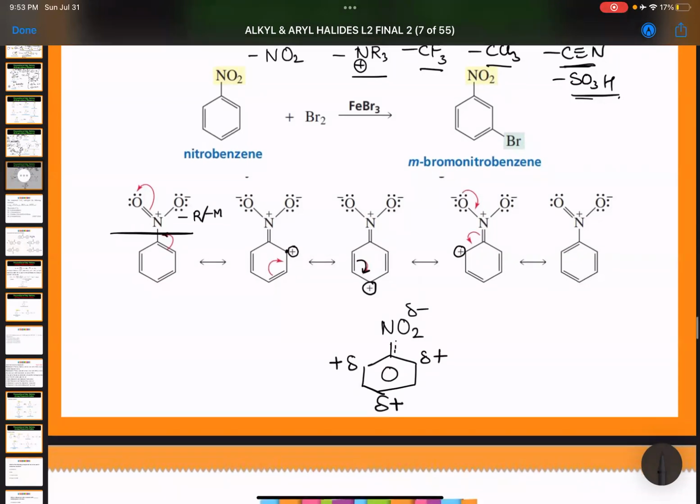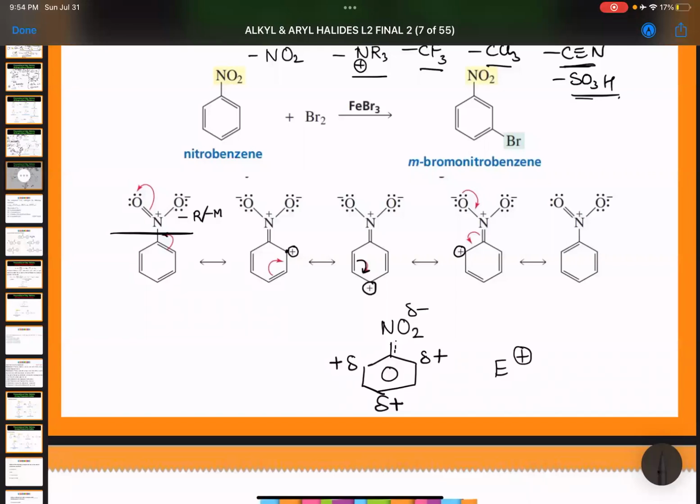Now if the electrophile comes and attacks the benzene, where do you expect that E plus, which wants electrons, to get attached to the benzene? Tell me. Where do you expect it to get attached more easily? At the ortho or para positions where already there is a positive charge, or at the meta position?